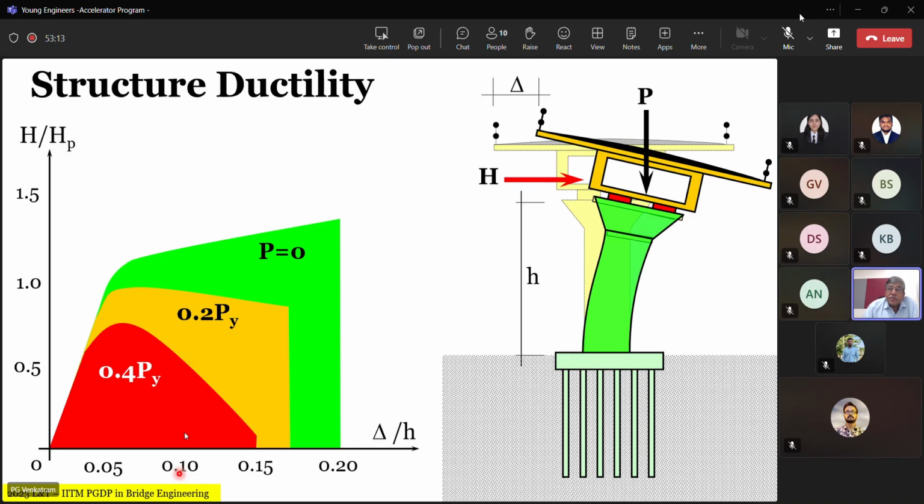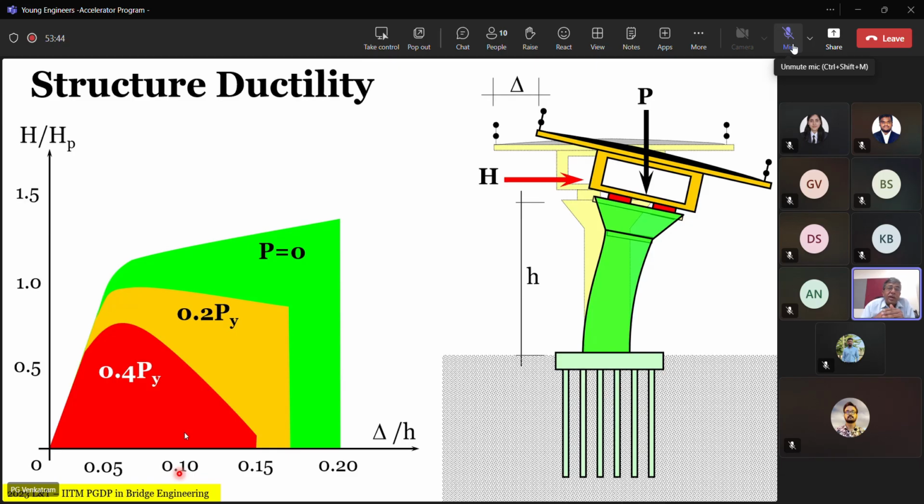Yes, please. The answer is in the graph itself. No. Structural ductility is a measure of maximum HU by HY.